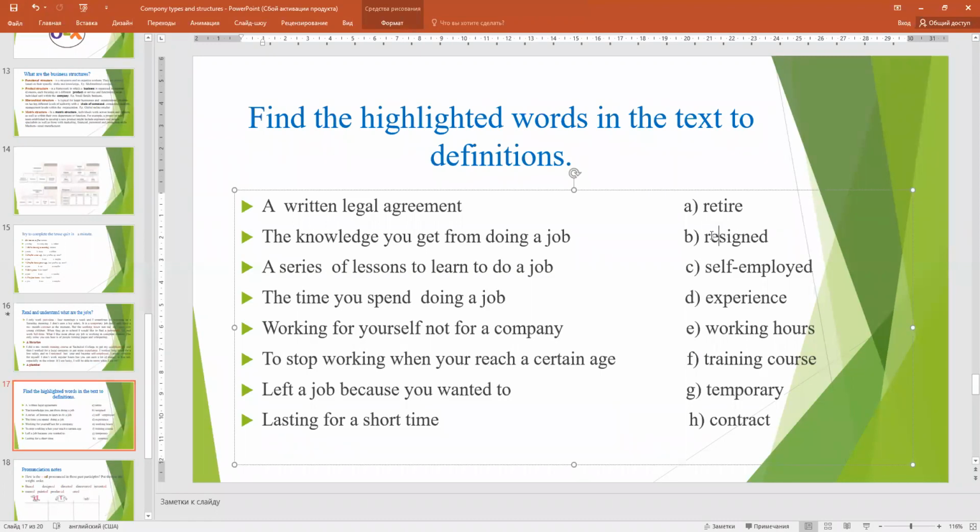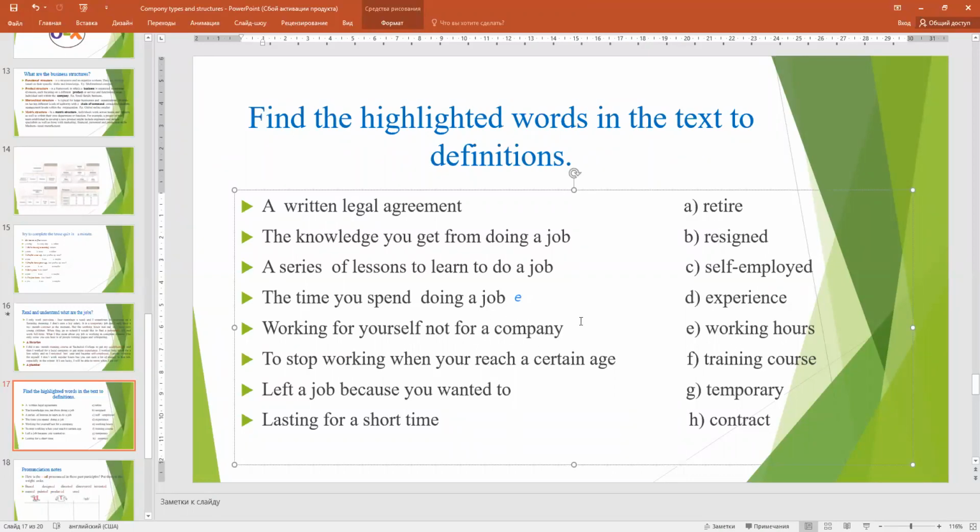What about resign? For the written legal agreement, you choose A. Working hours is the time spent doing work.